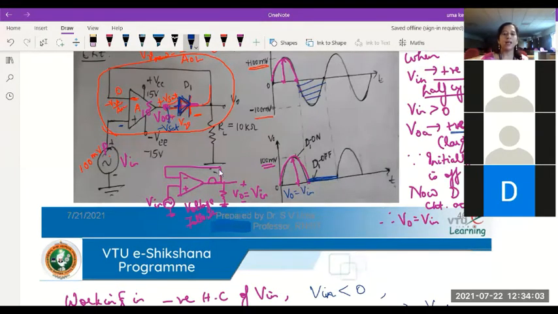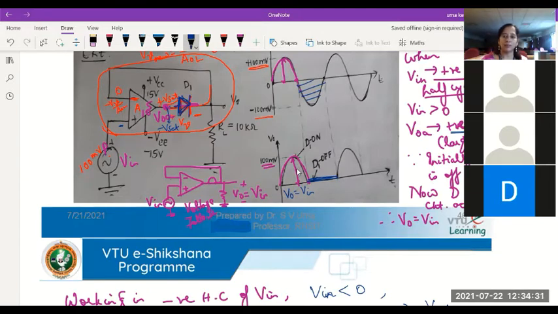So we have this circuit where a diode is connected in the feedback loop of the op-amp, working like a precision diode, where even for very low input voltage levels the output will be obtained, and I can easily get a rectified output which clearly follows the input signal. I don't have any difference in the amplitudes of the input and the output.